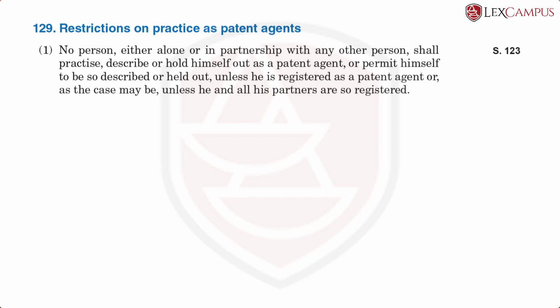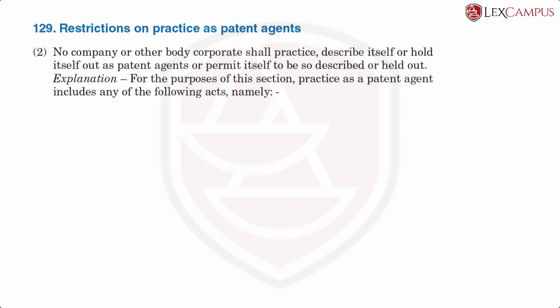You can't call your firm name registered patent agents unless everybody in that firm is also a registered patent agent. Now, no company or body corporate shall describe itself as patent agents or permit itself to be described or held out as such. So, patent agent is something that is tied to an individual and not to a company or a body corporate.